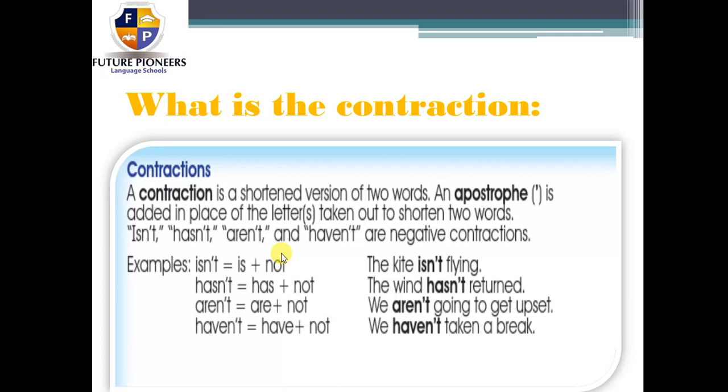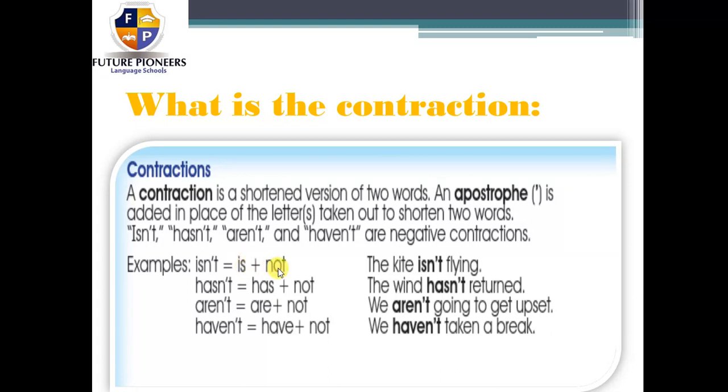Notice that when you add the contraction, you change the pronunciation of the word itself. Is not. But if I add the contraction, it will be isn't. The kite isn't flying.